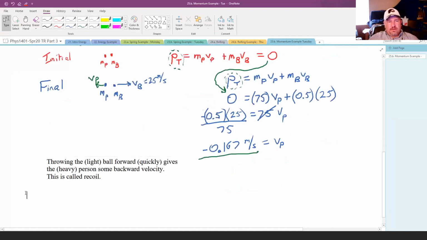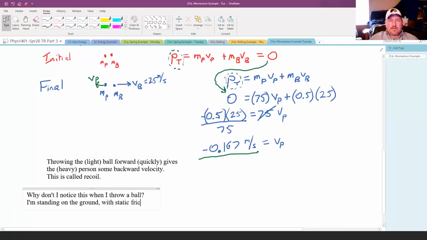Now, question. Why don't I tend to notice this when I throw a ball? Well, probably because I'm standing on the ground.